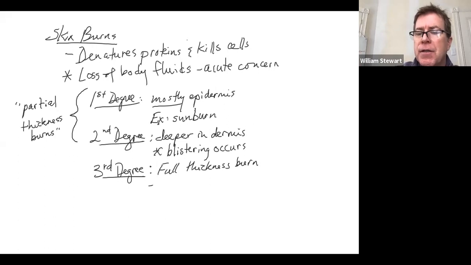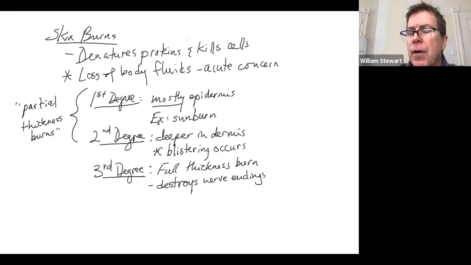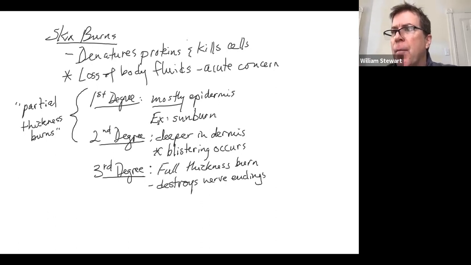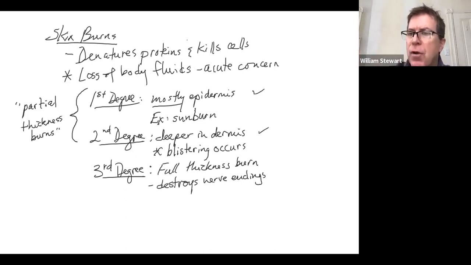This severe type of burn destroys nerve endings. So oftentimes during a third degree burn, some of the pain is not exhibited as it is in these two, because nerve endings are destroyed. And so sensory nerves that detect pain are destroyed in the process.